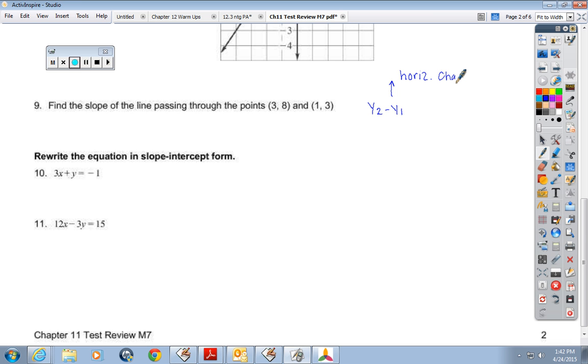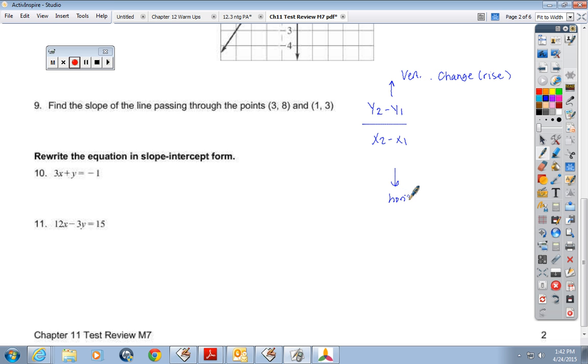And then over x2 minus x1, which is the, wait, I wrote that backwards. This one's the vertical change. My bad. Vertical. And this one is the horizontal change. Okay.